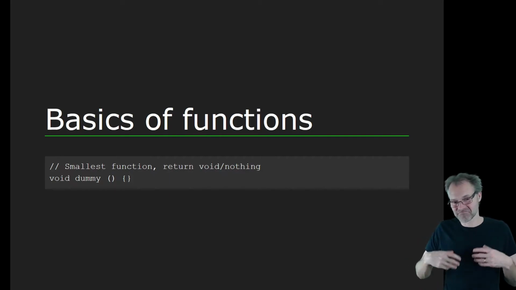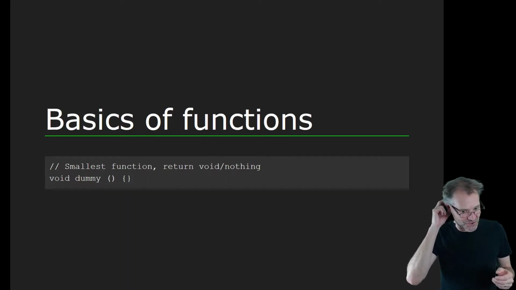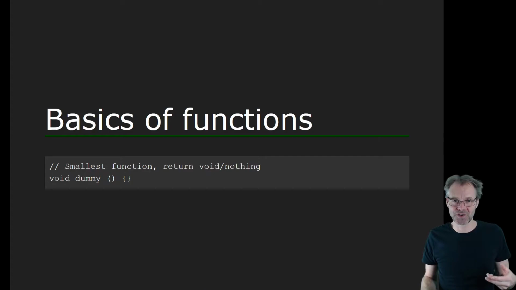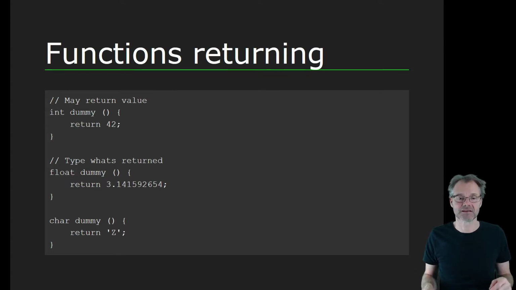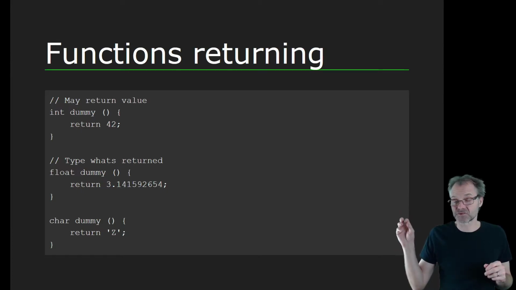So this is one way of designing how you are working when you are creating your application, and do it with small dummy functions or small placeholders. Here is an example of how the function is returning a value.